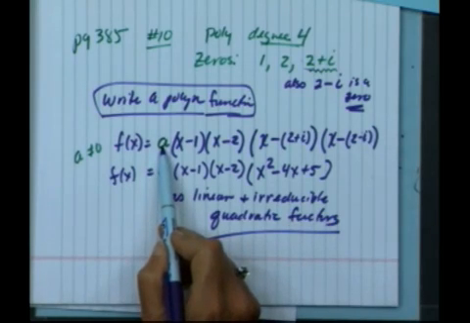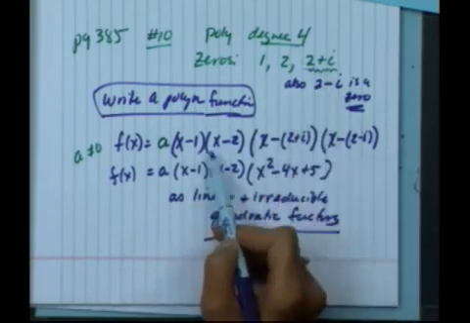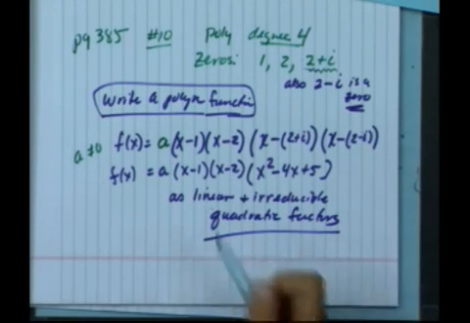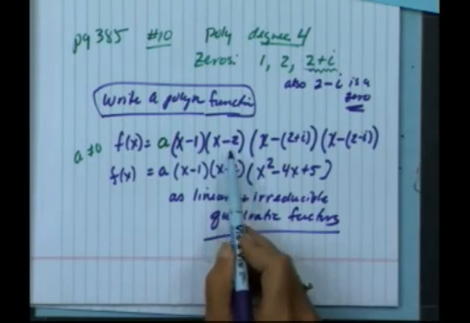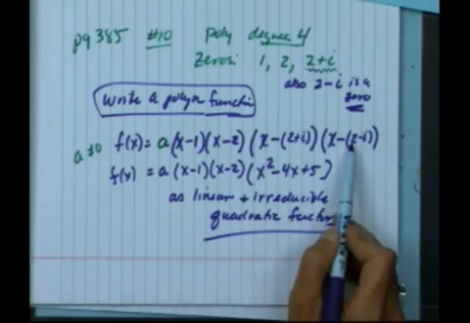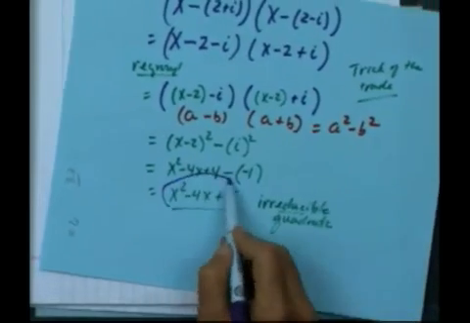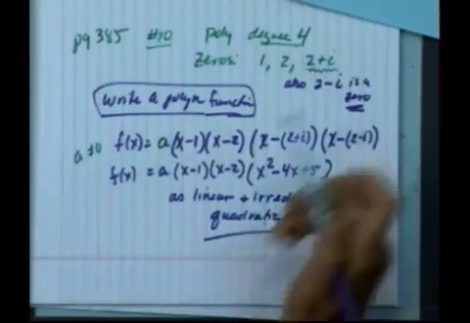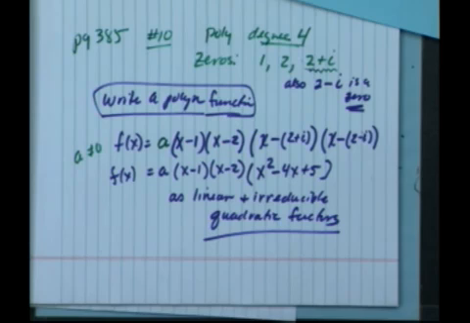I put the a here because you can have a zillion polynomial functions with these zeros. They might go up higher and down lower, but they have the same zeros. The first two factors are linear. When I put in the complex numbers, we multiply those out to come out with the irreducible quadratic. It only has complex zeros. So I have written this function as the product of linear and irreducible quadratics. How's everybody? Good? Questions?